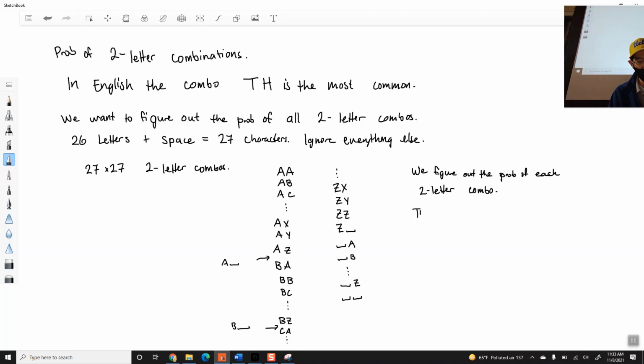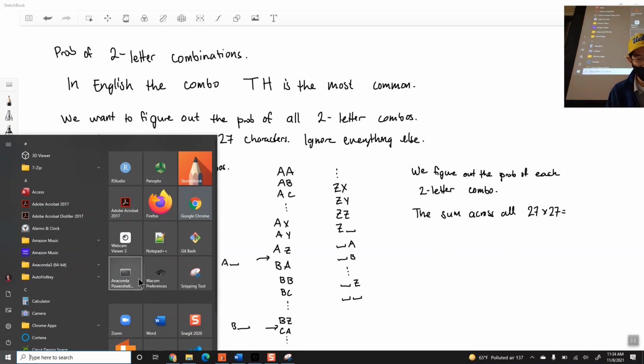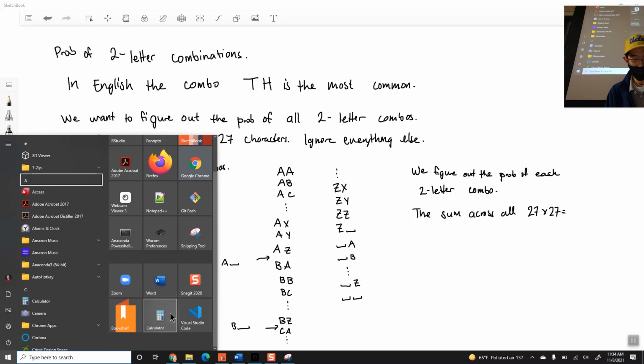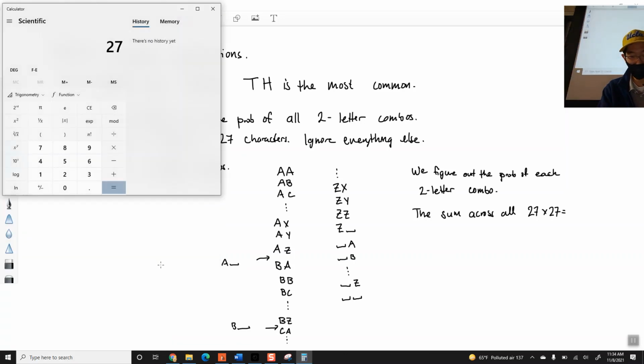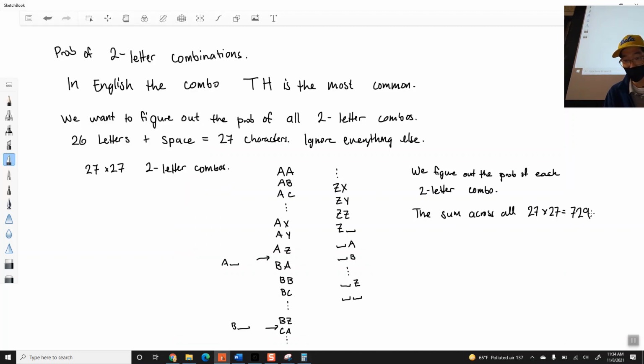The sum across all 27 by 27, I don't know what 27 times 27 is, something. Okay, so the sum across all 729 combos is 1, right? So if we add up all 729 probabilities, we should get 1.